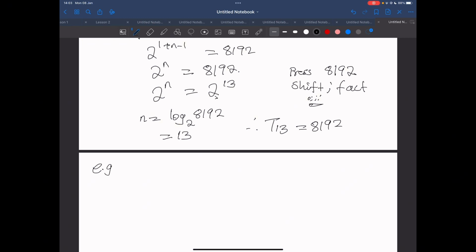We have the sequence 2, x, y, and 9. Now, what is happening here?